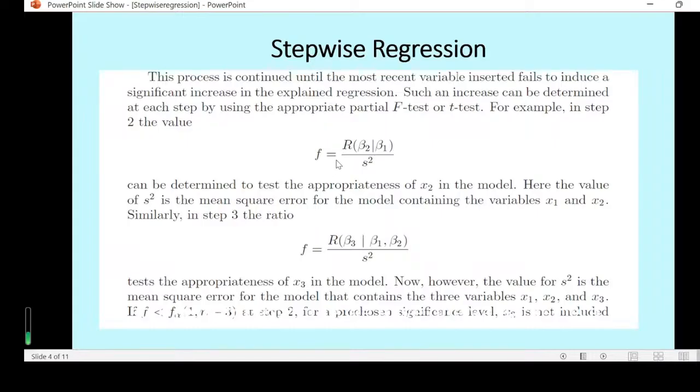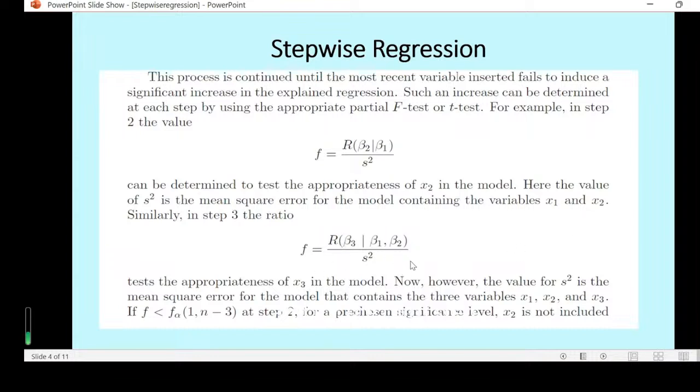For example, we have one variable x1, then we add x2. The F-test can be done with the R square increment from x2 divided by s square, where s square is the mean squared error for the model including x1 and x2.